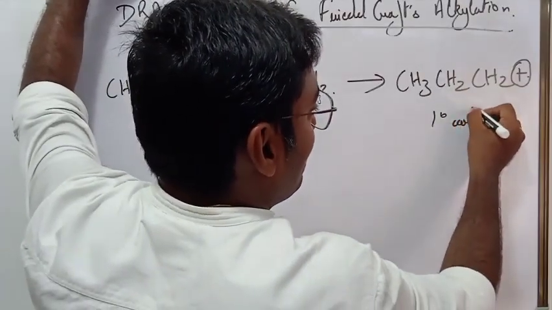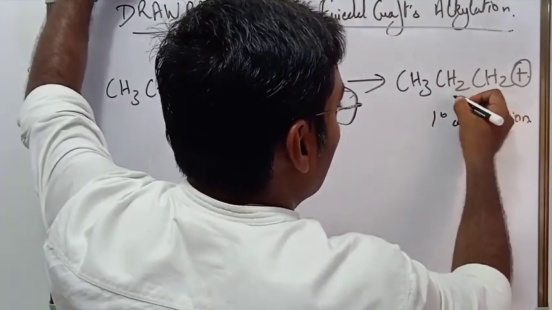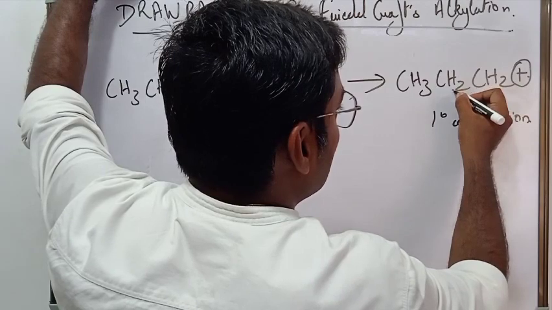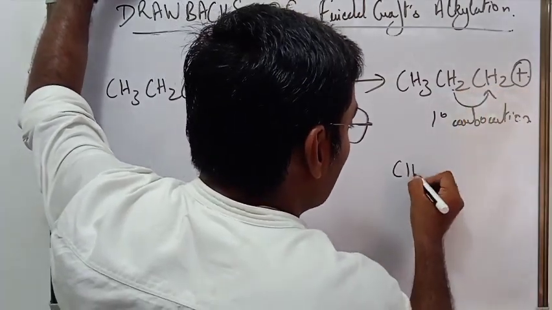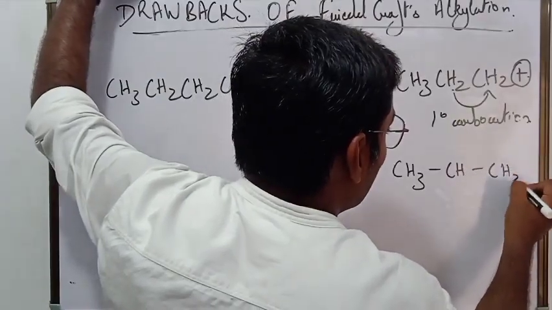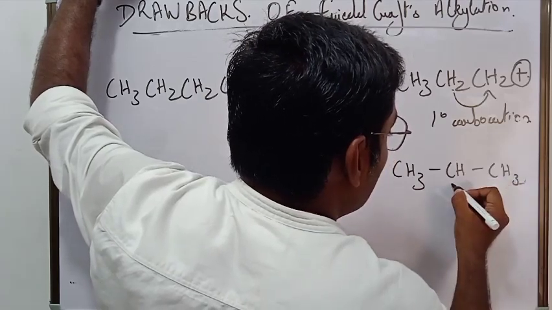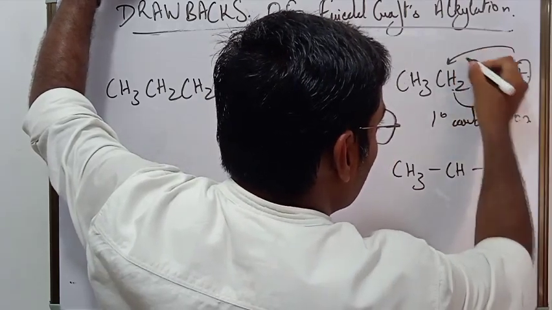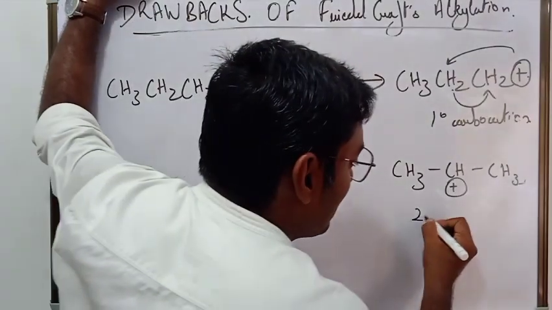This is not stable. So an H from this position will go to this position, and you get something like this, CH3, and the positive sign here will come here. This is more stable. Secondary carbocation is more stable.